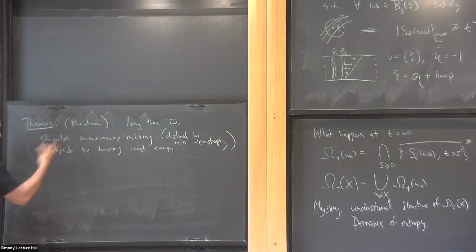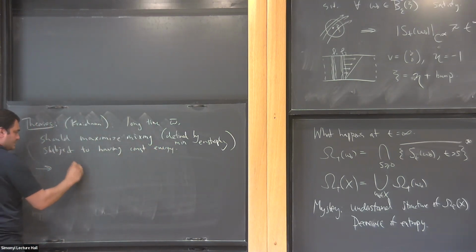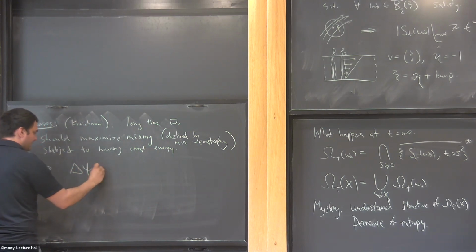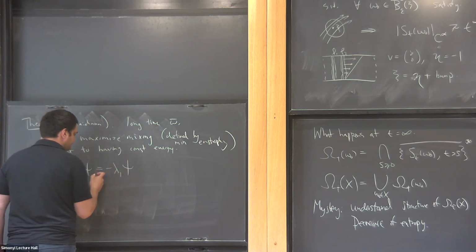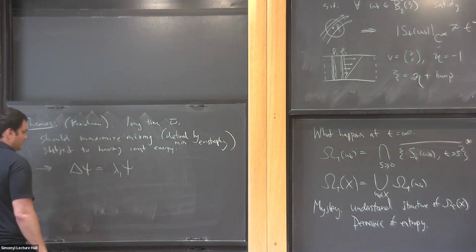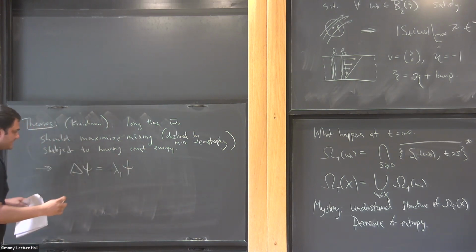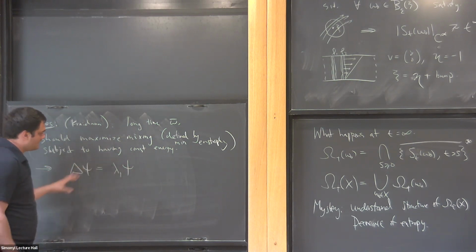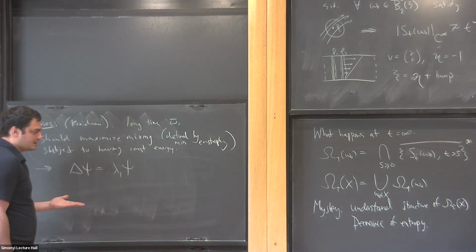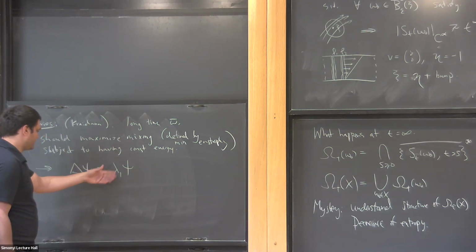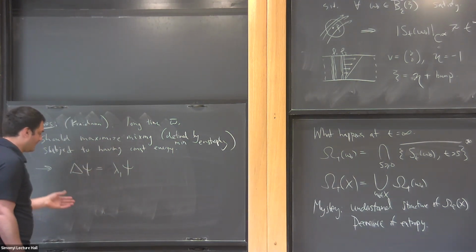Okay, and if you take this seriously, then you get the prediction that the long time behavior should be things on the first shell of the Laplacian, which is interesting because these are essentially the largest scale structures that exist on your domain. For example, on the torus, these are things like sine x and sine y.